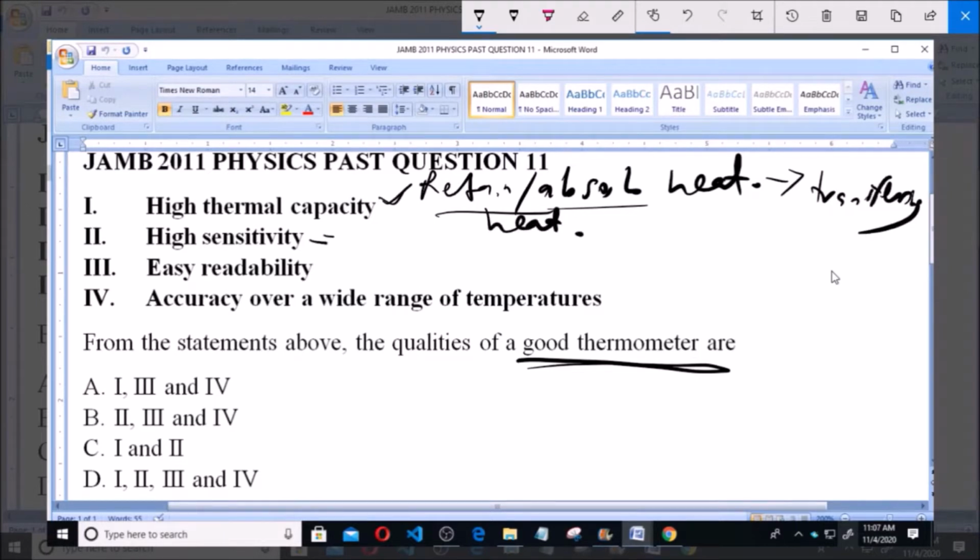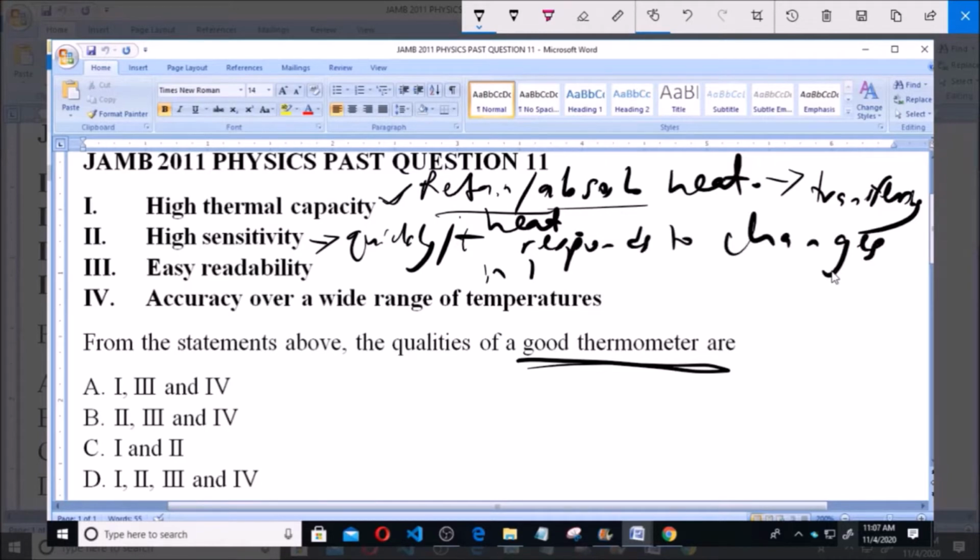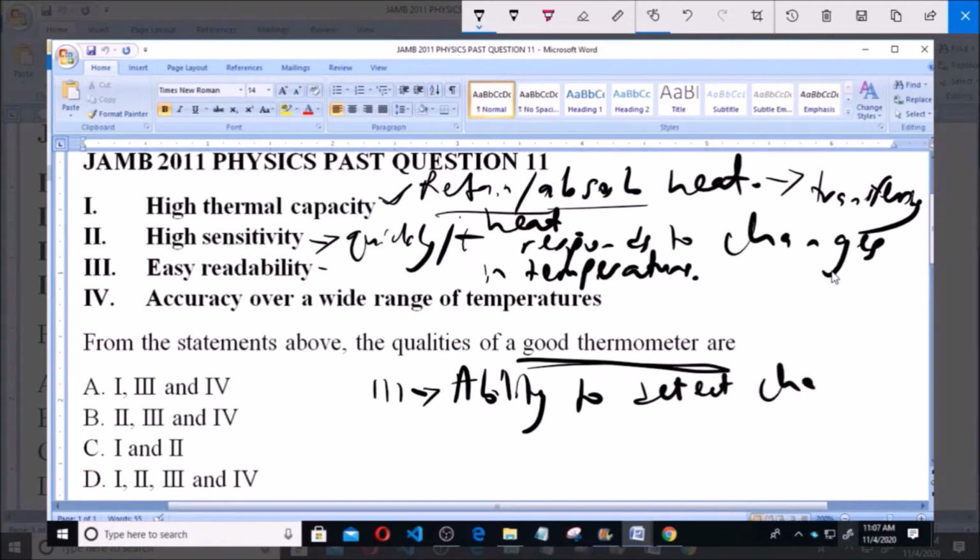Now, high sensitivity talks about how quickly it responds to changes in temperature. 3 says easy readability, and easy readability just means the ability to detect changes in temperature.